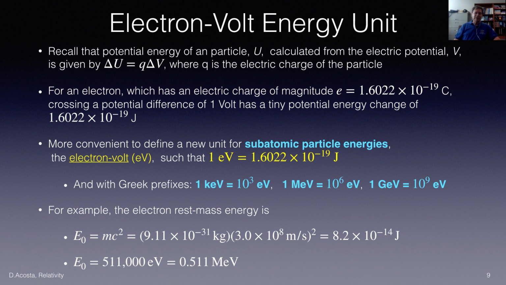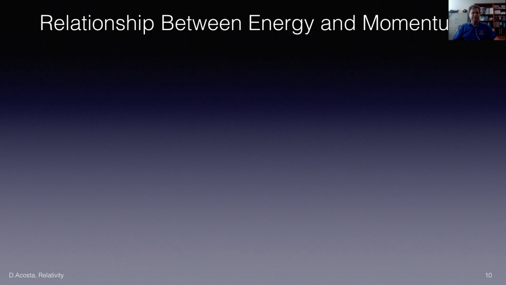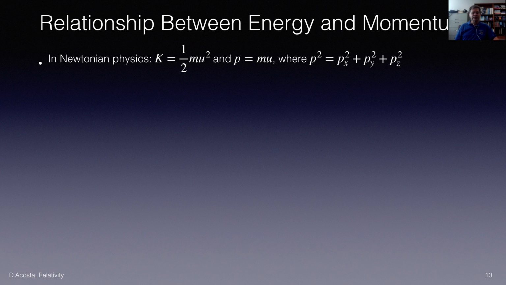Okay, now let's move on to a very important topic and result in relativity, and that is the relationship between energy and momentum in relativity. But first, let's start with Newtonian physics. In Newtonian physics, the kinetic energy was 1/2 mu squared, where u is the velocity, and momentum p was just mu.